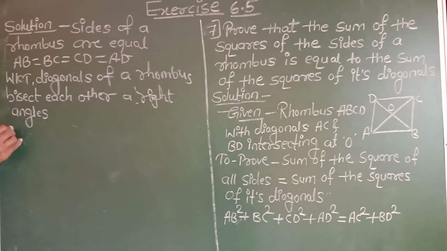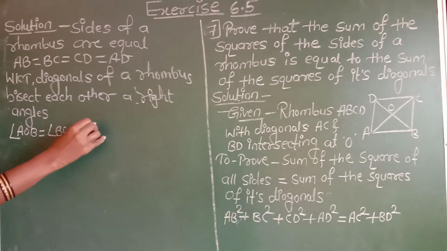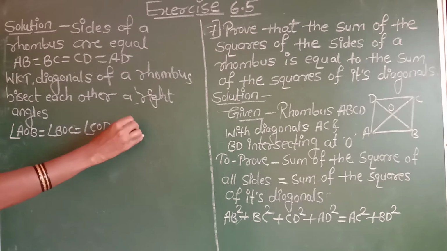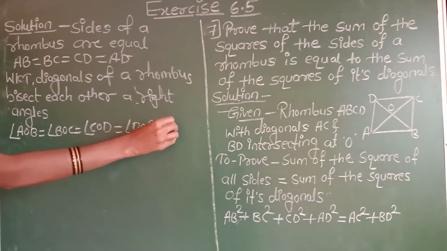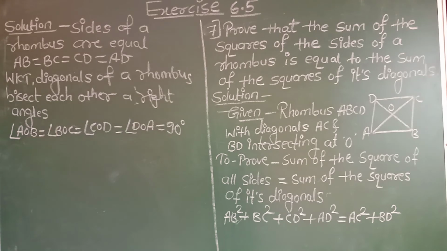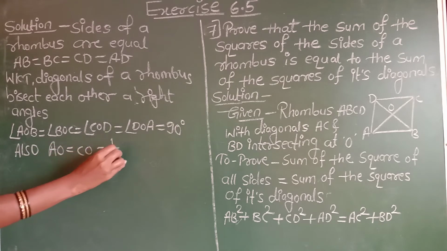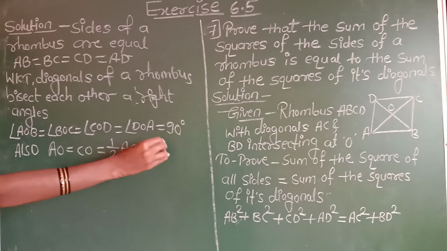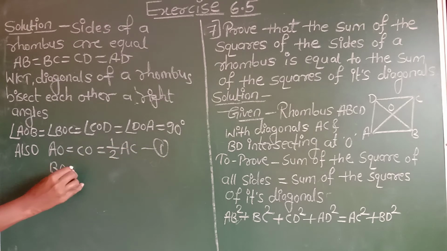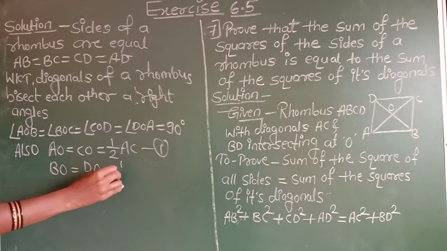Therefore we can write angle AOB is equal to angle BOC is equal to angle COD is equal to angle DOA is 90. Right angle means all angles are 90. Also we can write AO is equal to CO is equal to half of AC, this is the first one, and BO is equal to DO is equal to half of BD.